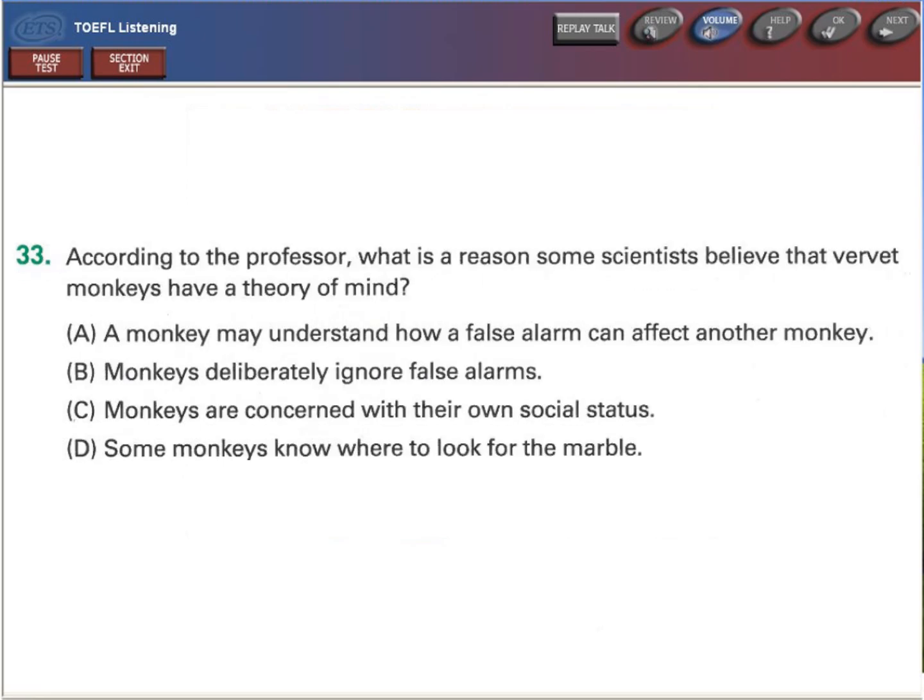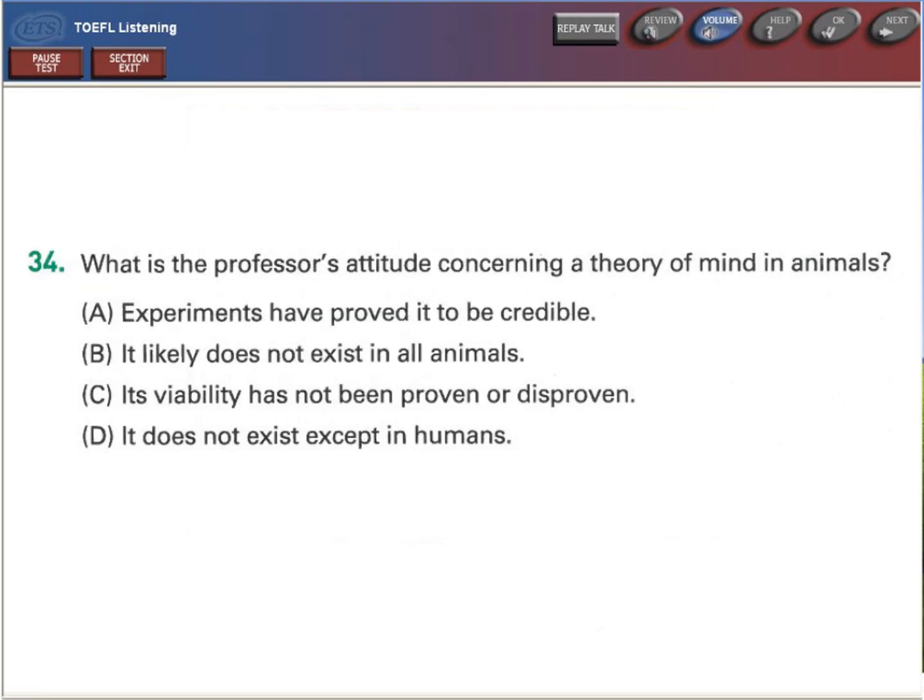According to the professor, what is the reason some scientists believe that vervet monkeys have a theory of mind? 34. What is the professor's attitude concerning theory of mind in animals?